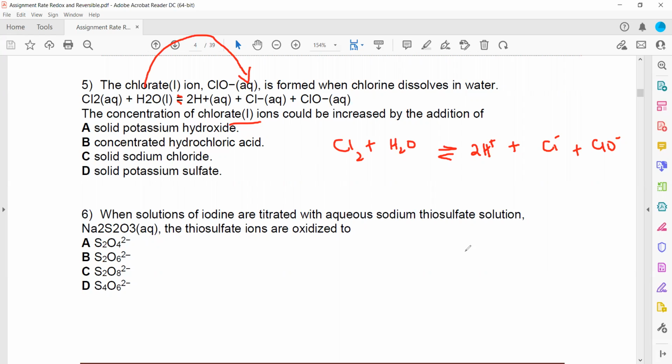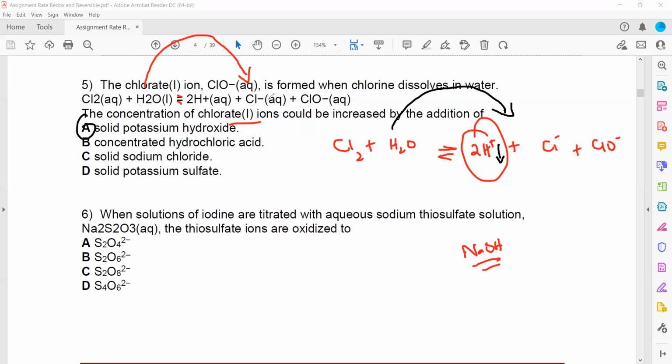Sodium hydroxide is a base. It will react with acid, so the amount of hydrogen ion in the equilibrium mixture will decrease. As the amount of the product decreases, the equilibrium will shift towards the right hand side, because the hydrogen ion means the acid, and acid can react with an alkali. So A will be the right answer.